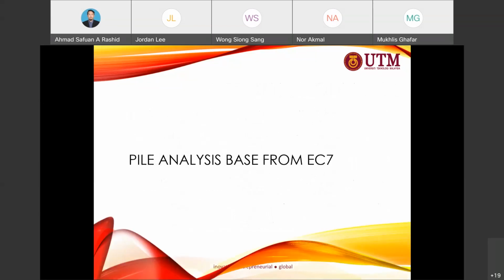Then we move on to the pile analysis based on the EC7. Similar to the shallow foundation, we have a direct method, which is from the calculation, and then we have an indirect method, where we use the result from the field.